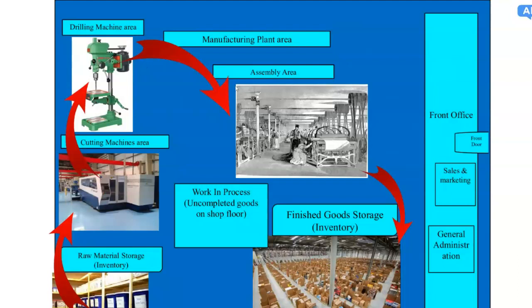And these parts then would go into another area, which is the assembly area. And here the employees will take the wood and the metal that's already been bent and the plastic seat that's already been produced over in this area and put them all together.